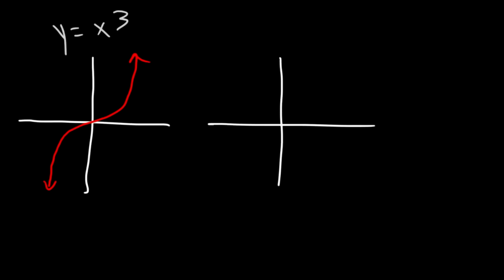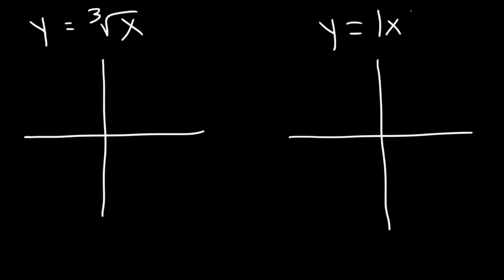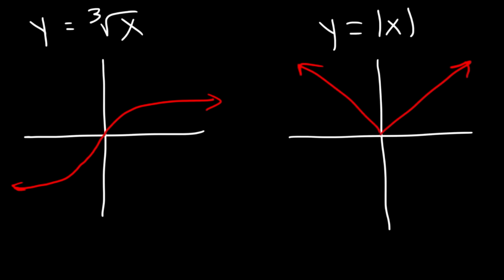And you've seen this one already. y equals square root x. And then we have the cube root of x and the absolute value of x. Now there's some other functions, but these are the main ones that we're going to go over for now.